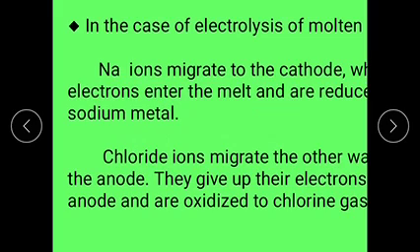These Na+ ions move towards the cathode side and produce sodium metal on the surface of the cathode. The chloride ions move towards the anode side and give chlorine gas at the anode.